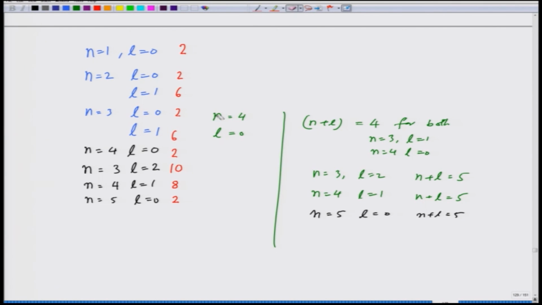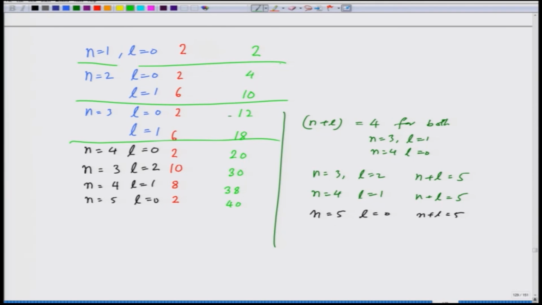If I fill only up to n equals 1, L equals 0, I have 2, 4, 10, 12, 18, 20, 30, 38, 40, and so on. These are the shell fillings, and this is where the periodicity starts coming in.